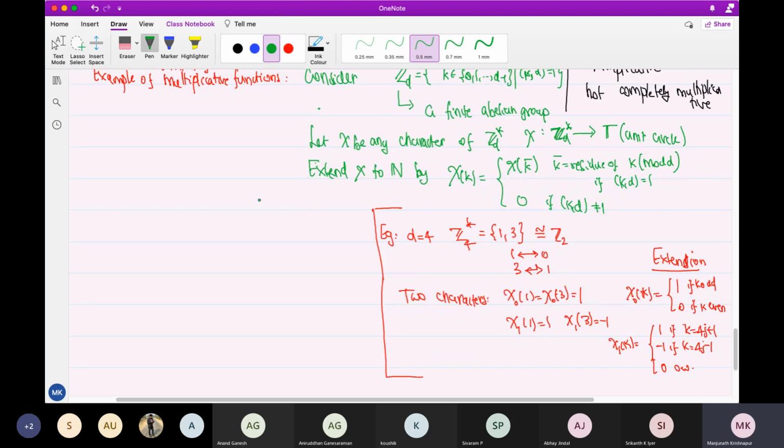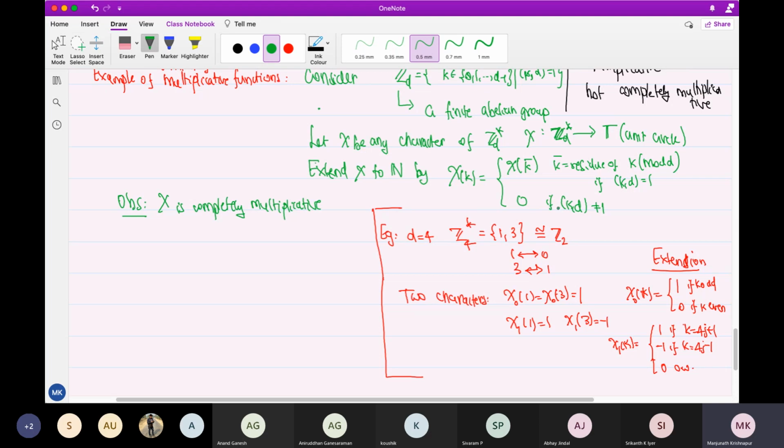So now chi is actually completely multiplicative. So the point is, observe, chi is completely multiplicative. Because it's clear, if you multiply two numbers, if even one of them is not co-prime to D, then the product is not co-prime to D. So it will be 0.